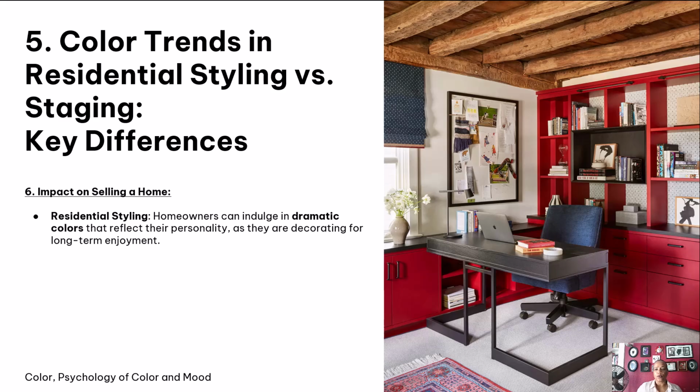So, dramatic colors. Again, with residential styling, you are really honing in on your client. This is kind of a red, white, and blue idea. When it's a client's space, you really get to have a lot of fun depending on who your client is.